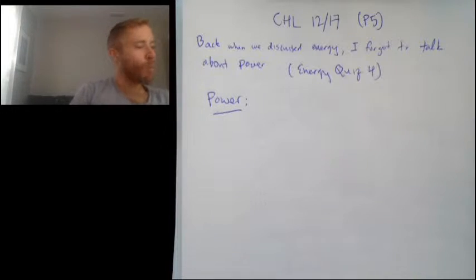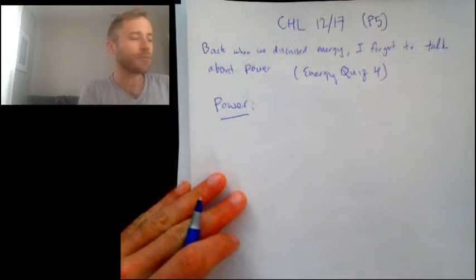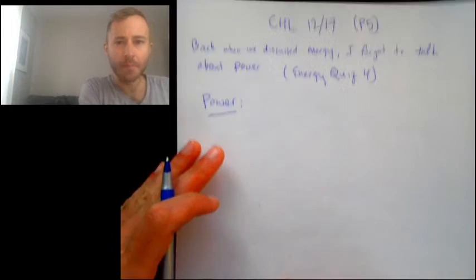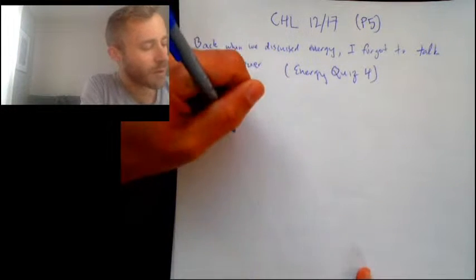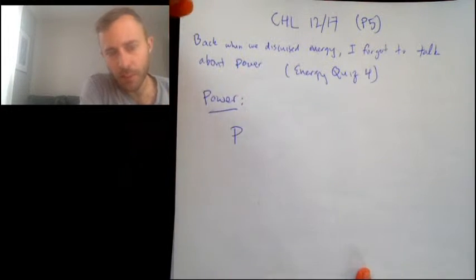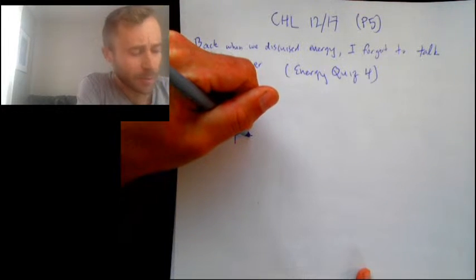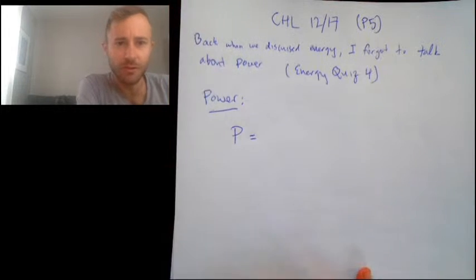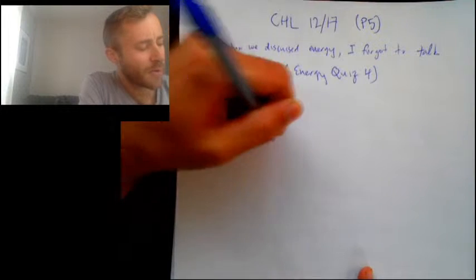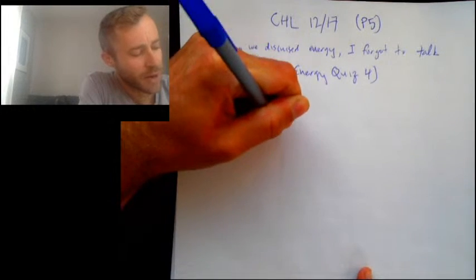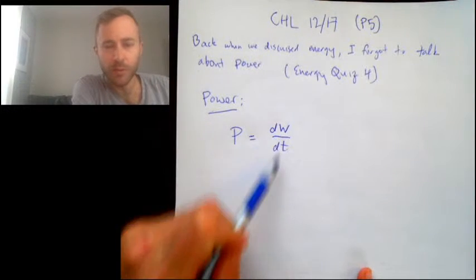So let's discuss it. Power is denoted by P, unfortunately the same variable as momentum, but usually it's a capital P, and usually momentum is a lowercase p. Power is the rate at which work is done, the derivative of the work with respect to time.